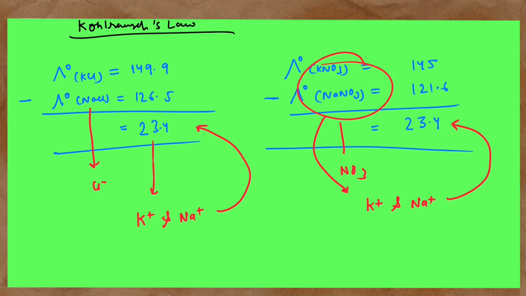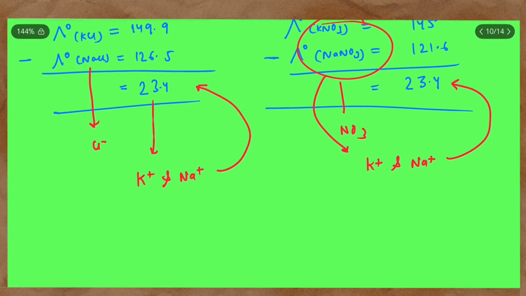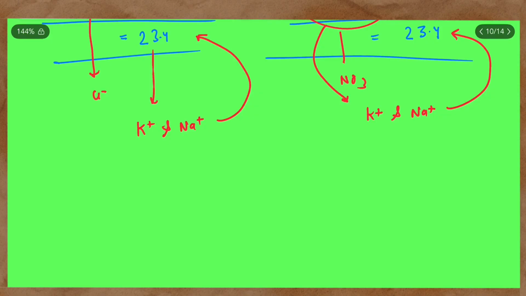So that was the main concept of Kohlrausch law, that the total molar conductivity of an electrolyte is basically the sum of the ions. It is the contribution of all the ions which the electrolyte contains. So with this concept I can conclude my definition.